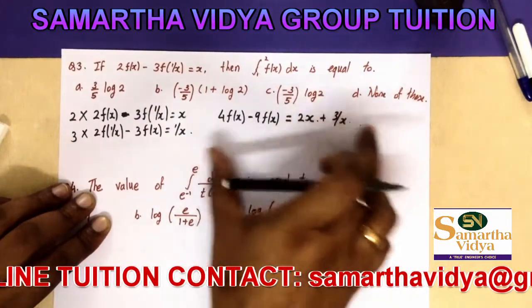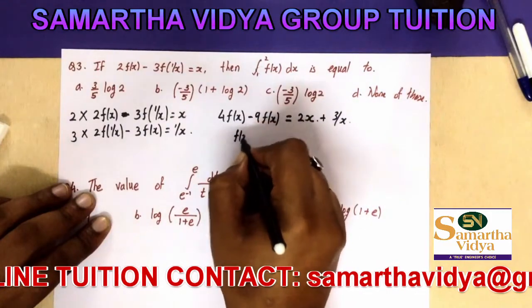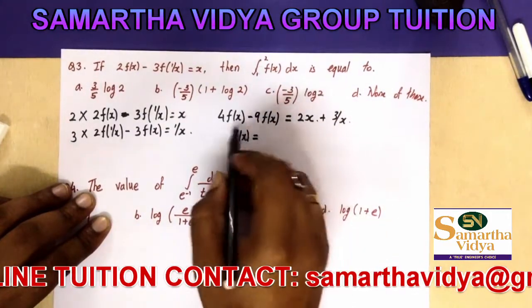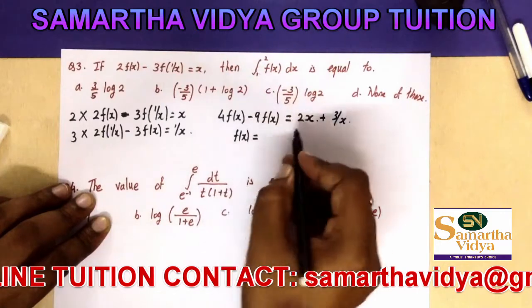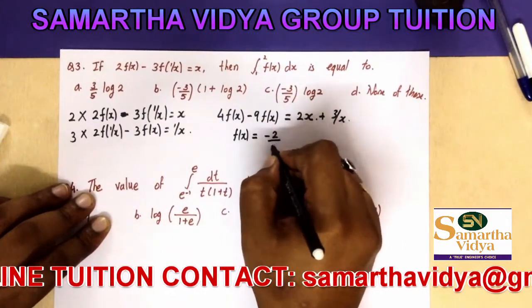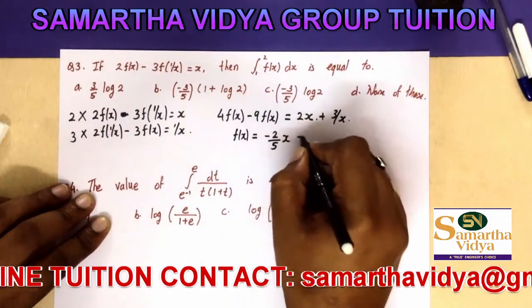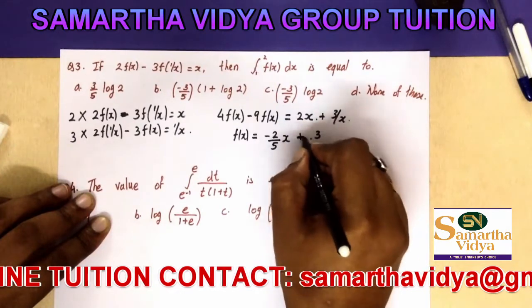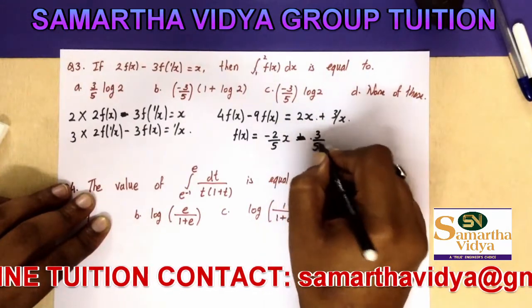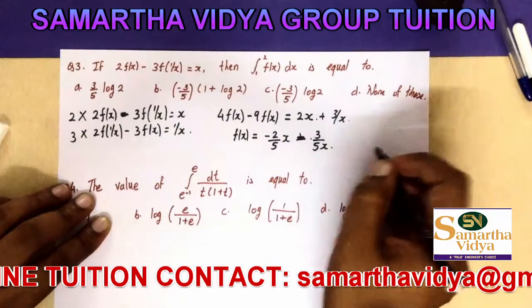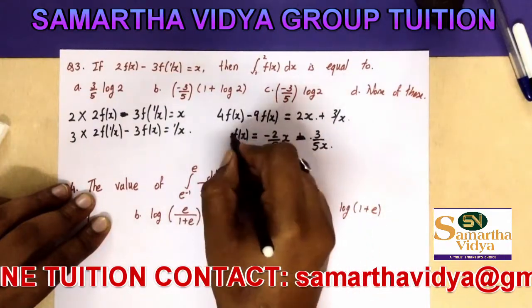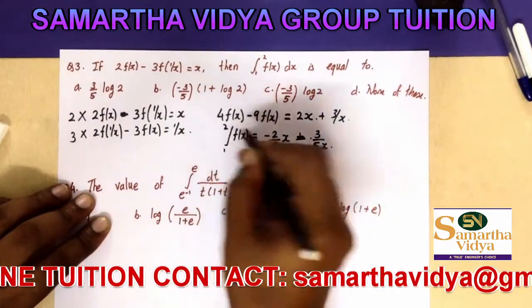Now if I do the calculation, I will be getting f of x is equal to minus 2 by 5x plus 3 minus 3 by 5x, because this becomes minus 5, that goes that side. So I need to find the integration, so integration on both sides.